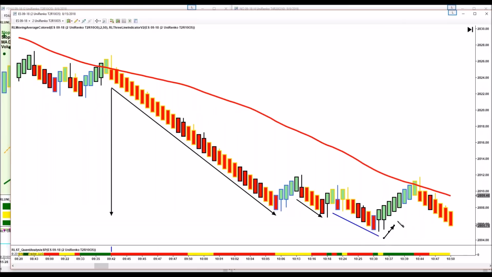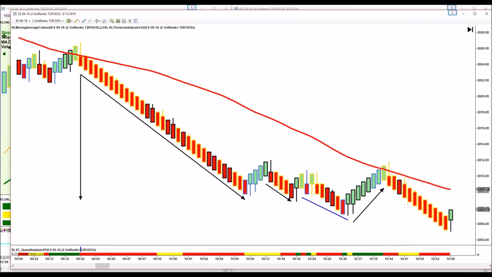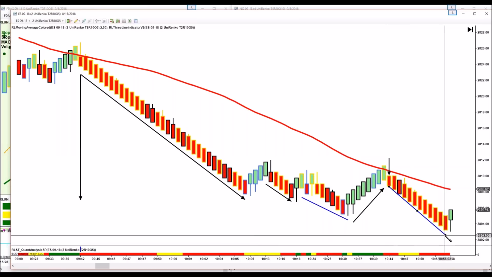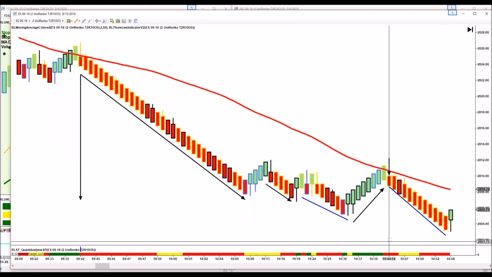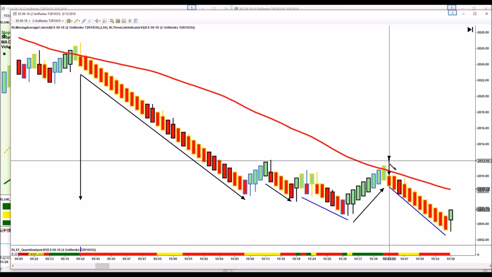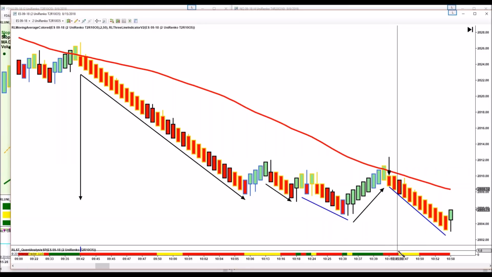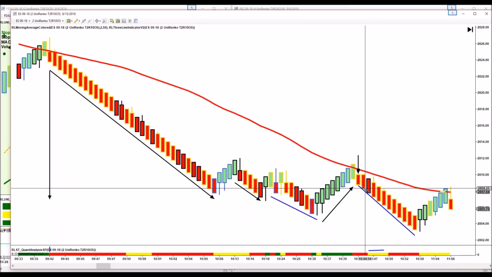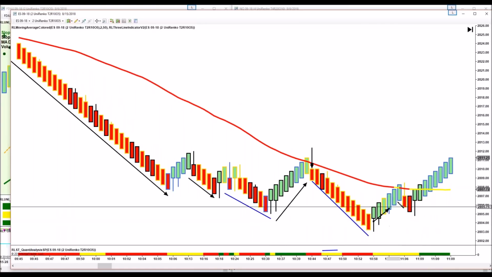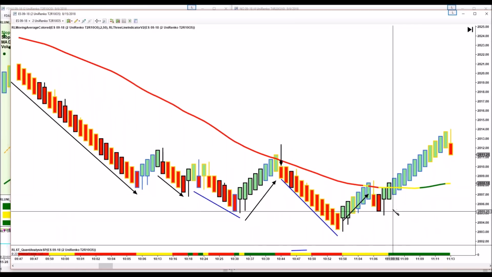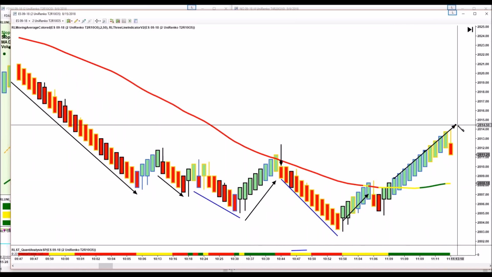Now it calls this little move up, and if you're going to take this pivot right here, you've got the move down. All you want to do is look at the color of this indicator at entry. It may go to yellow for a little bit of time. As long as it doesn't turn green, you're in the trade. You have no move up here, and here's where you can take your long trade, right here.